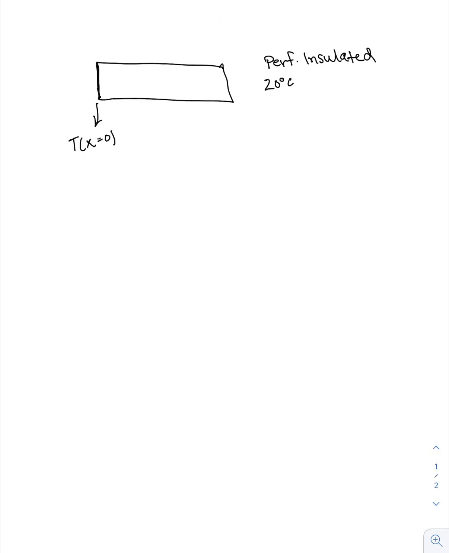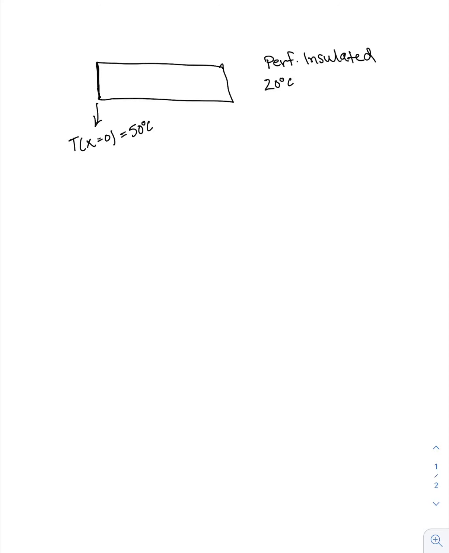First off, we can start by drawing the bar. And we know that it's perfectly insulated. And we know it's initially 20 degrees Celsius throughout. But then suddenly the left side, we can call this the left boundary, at x equals 0, the position 0, we can call that 50 degrees Celsius.